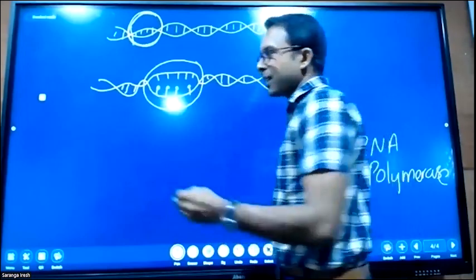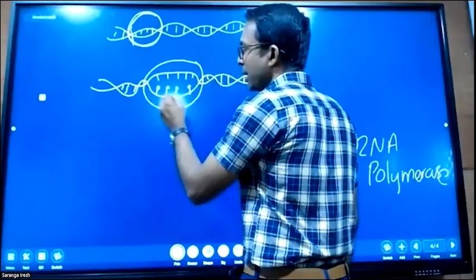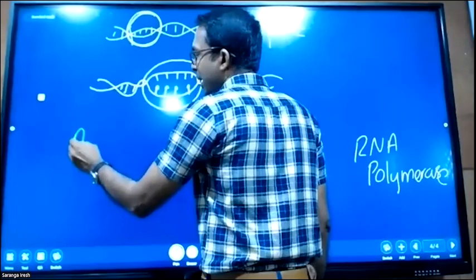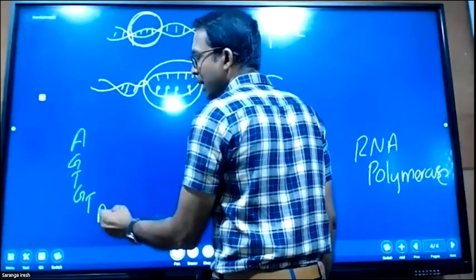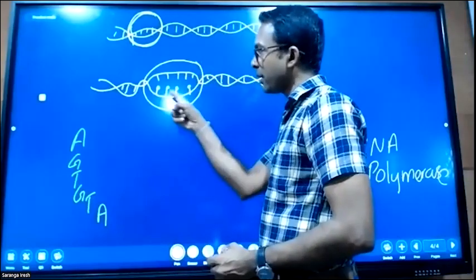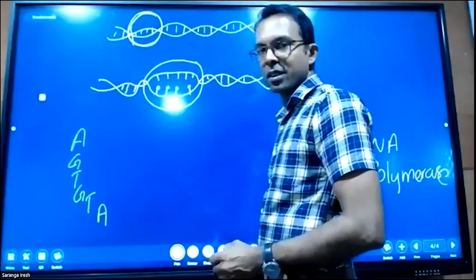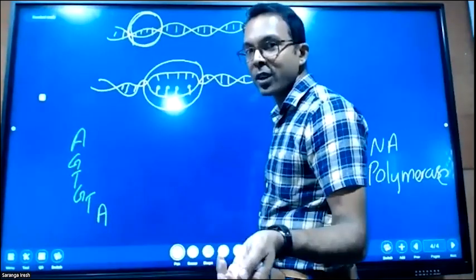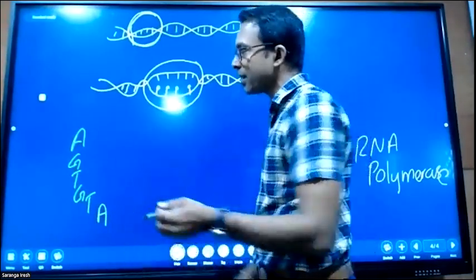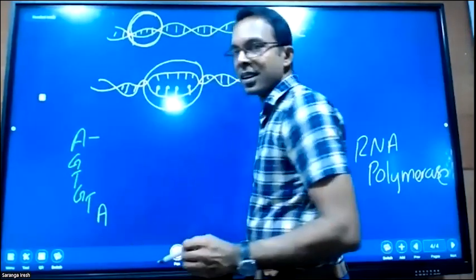Okay. For example, think that this particular DNA strand has adenine, guanine, thymine, cytosine, thymine, adenine, thymine. The separated strand has this base sequence in this particular region. So, which ribonucleotides are deposited in front of these bases? Adenine.